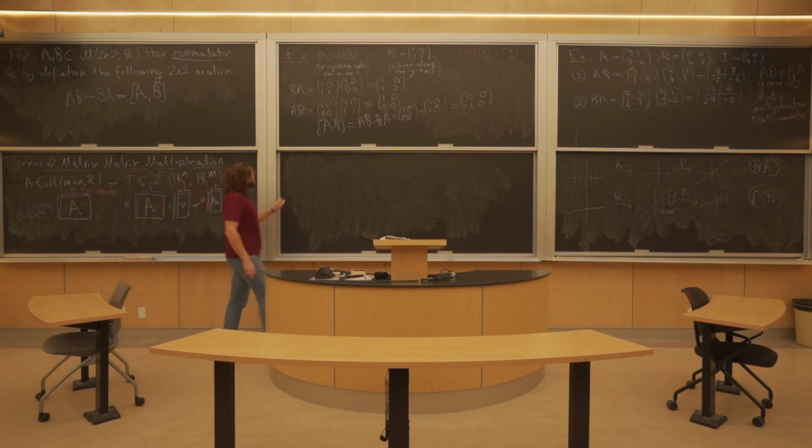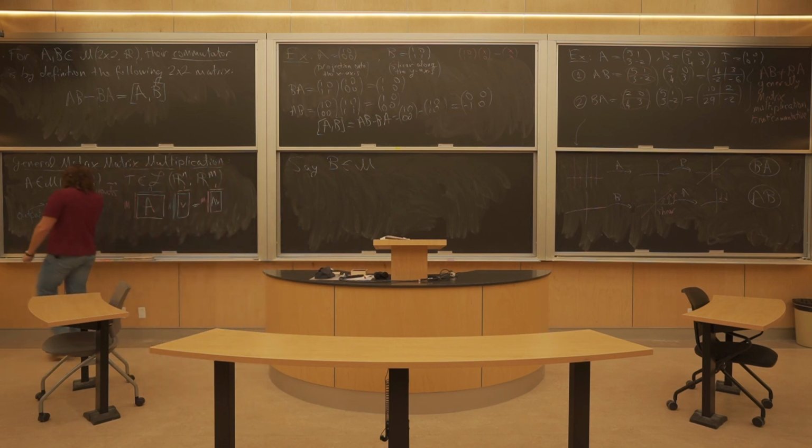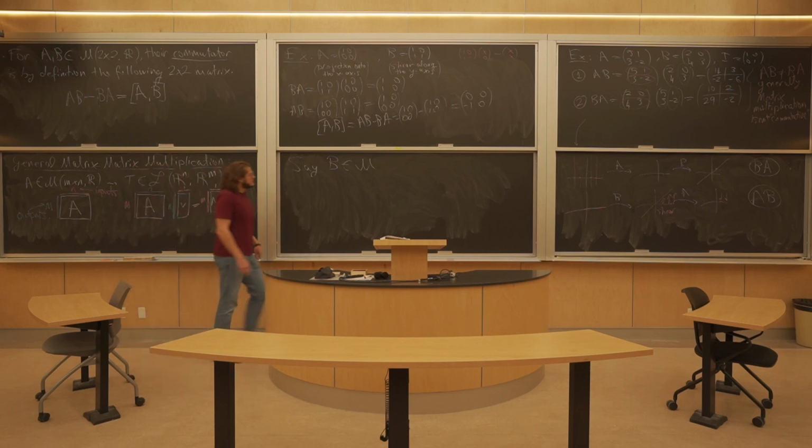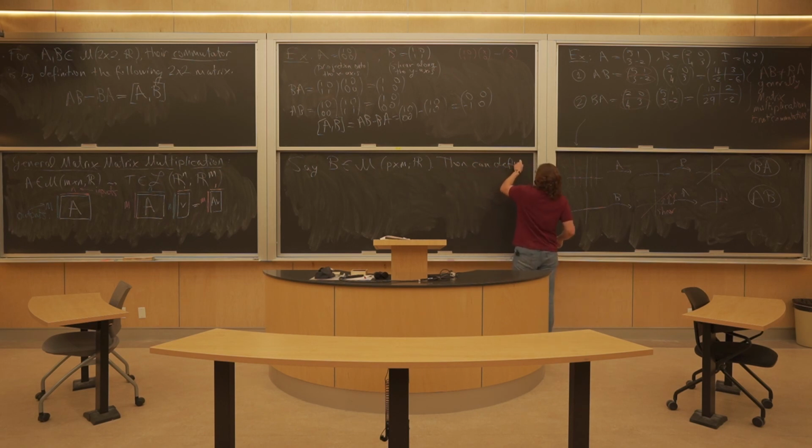Say B now is yet another matrix whose input is M and output is, let's say, P, which means that it is a P by M matrix. Then I can define B times A, like this, okay?